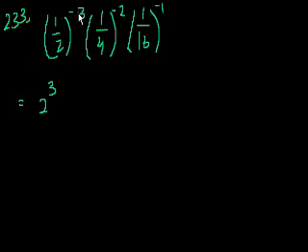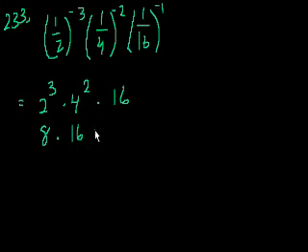When you take something to a negative exponent, that's the same thing as the inverse of that thing to the positive exponent. So this is 2 to the 3rd power times 4 squared times 16. And so 2 to the 3rd is 8 times 16 times 16.